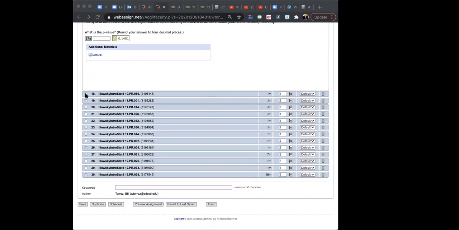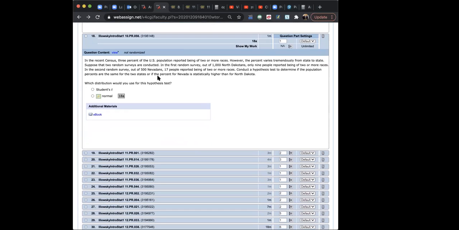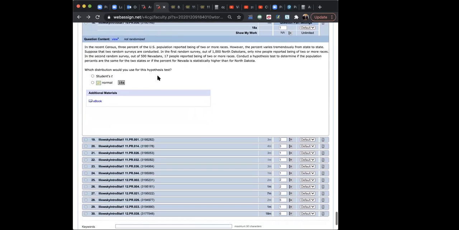Okay. All right, let's go to this one. In a recent census, 3% of the US population reported being of 2 or more races. However, the percent varies tremendously from state to state.